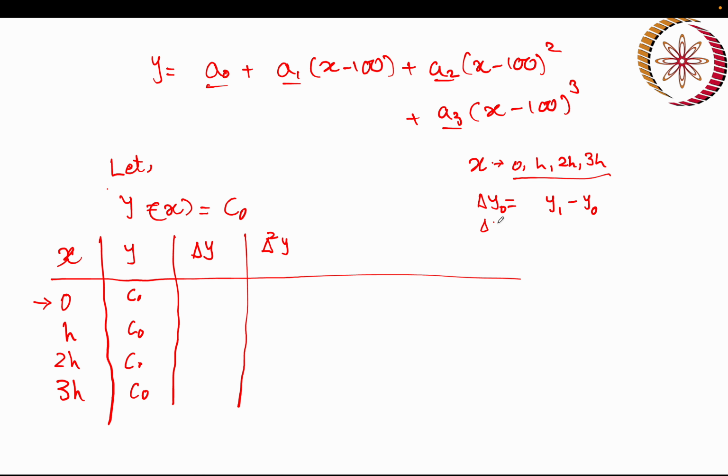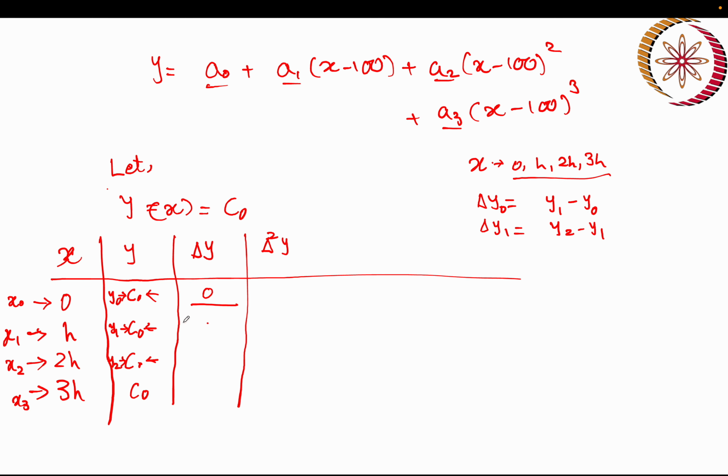Similarly, at y1 it will be y2 minus y1. If we perform this, here at this location we are supposed to subtract this value from this, so it will be 0. And similarly, this is x0, this is x1, this is x2, this is x3, and this will be y0, y1, y2.